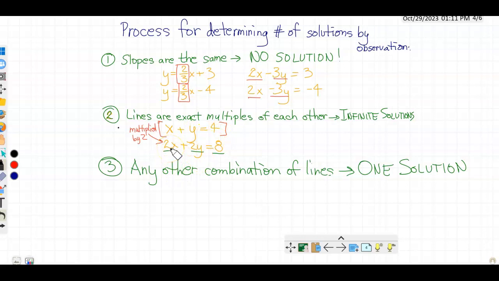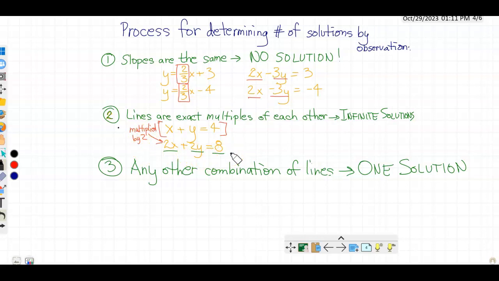The equation right below it, you can see we have 2x plus 2y equals 8. All three of these terms are the same as these terms up here multiplied by 2. Okay?